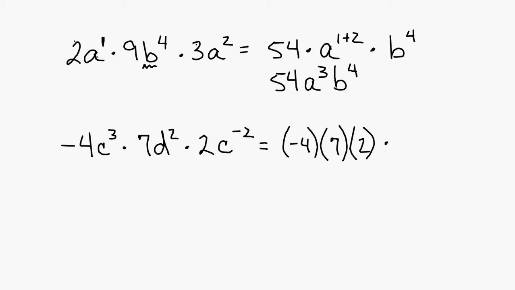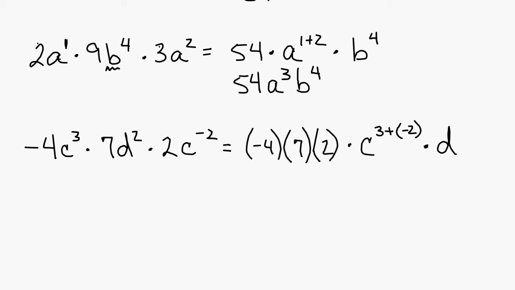The c's, you've got a c to the 3 plus negative 2 power. And then there's only one d in the problem, so it's going to be times d squared.